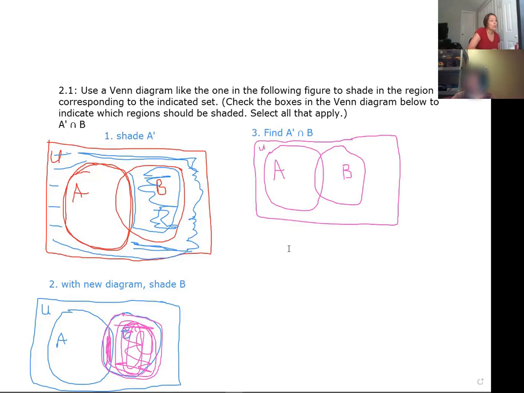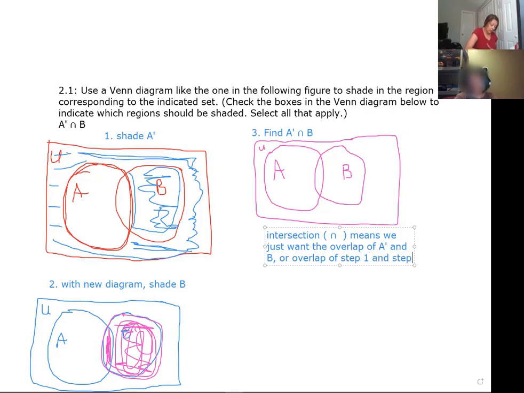So I'm just going to write that down to make it clear. Intersection. So just this symbol means we just want the overlap of A prime and B, or the overlap of step 1 and step 2.